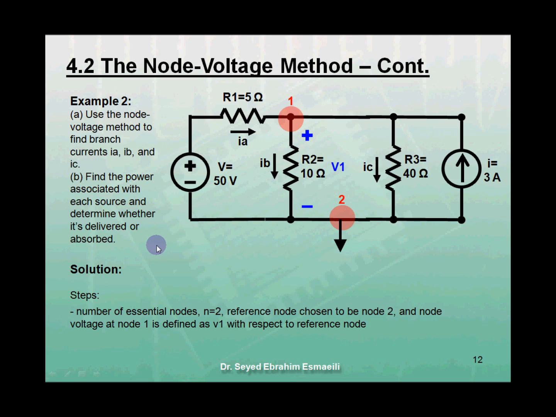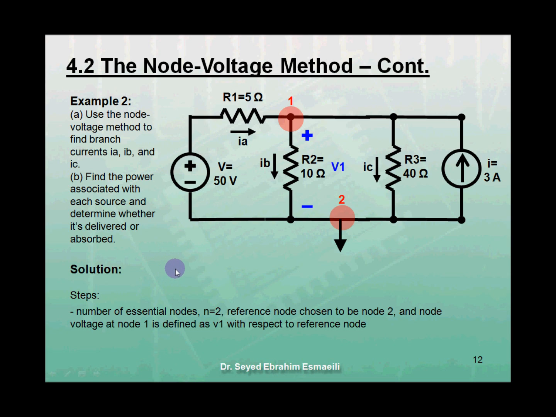In example 2, we need to use the node voltage method to find branch currents IA, IB, and IC. We also need to find the power associated with each source and determine whether it's being delivered or absorbed.